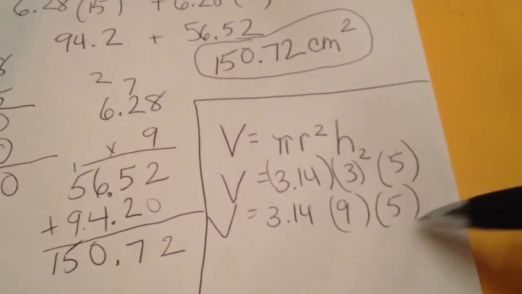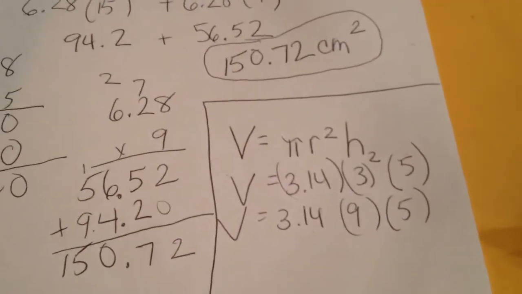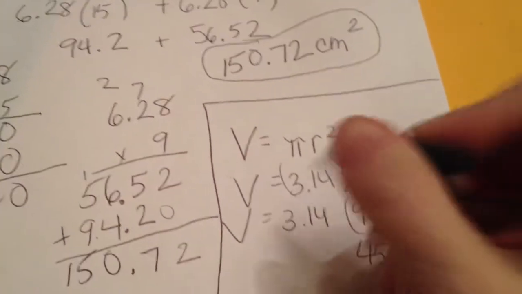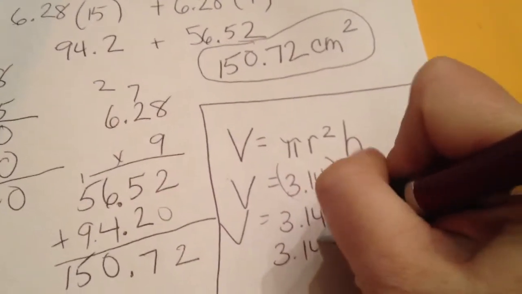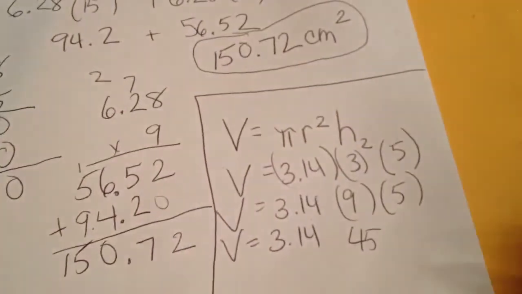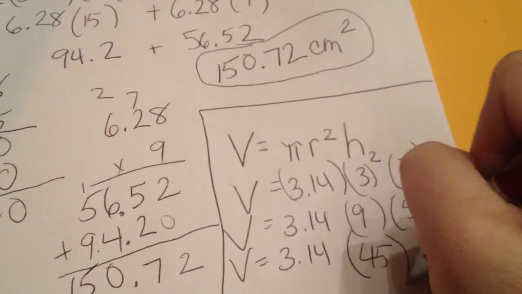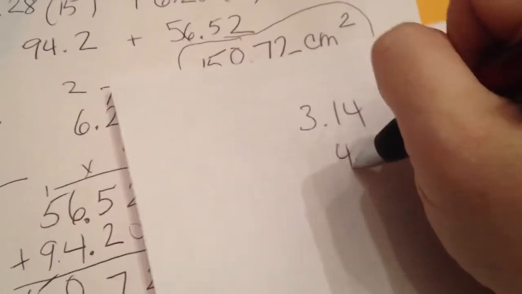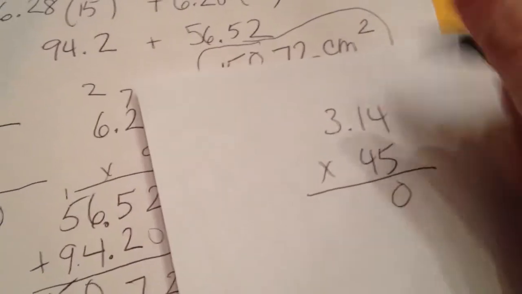So in this case, it's going to be easier to multiply 9 times 5 first and get 45 times 3.14. And again, without my calculator, I'm just going to grab a piece of scratch paper. 3.14 times 45. You could do this with a calculator as well.